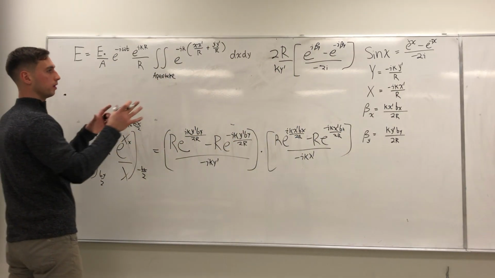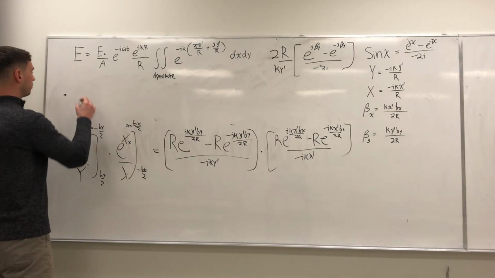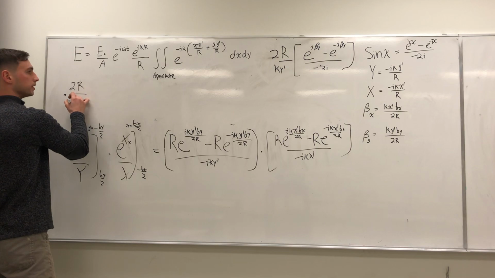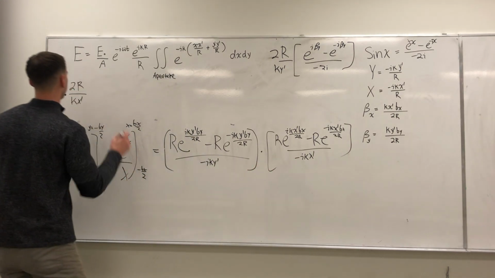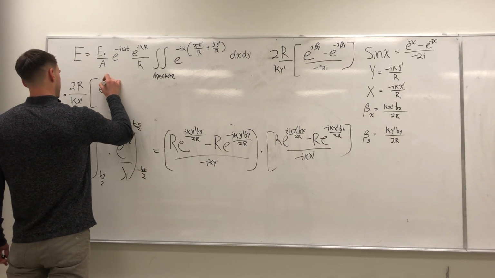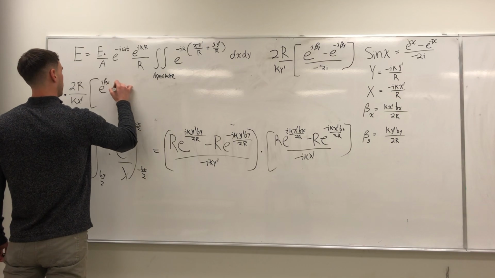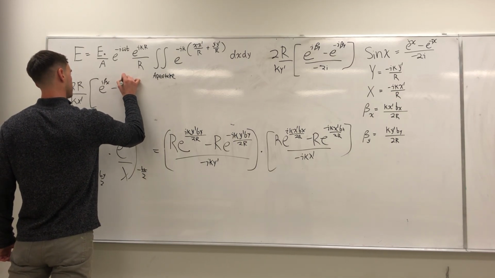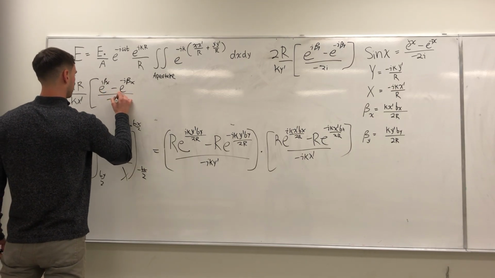It's still only one expression, I'm just multiplying it. So the same thing with the x's. We take out a 2r, we take out a kx prime, right? So we're just leaving the i and the negative. We're going to be left with e to the i beta x minus e to the minus i beta x over minus 2i.